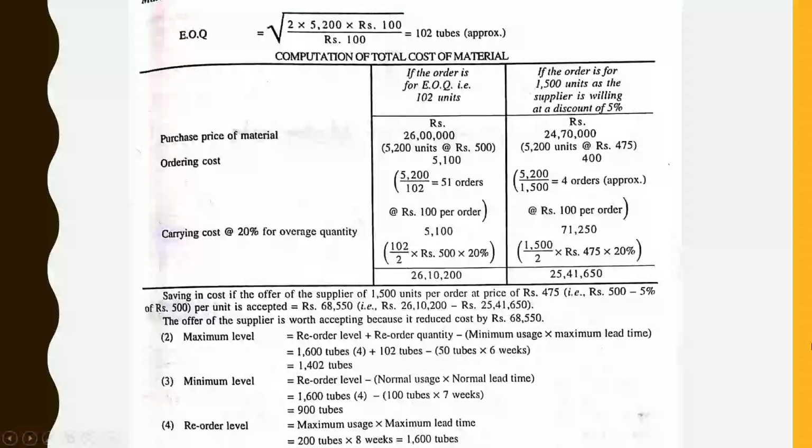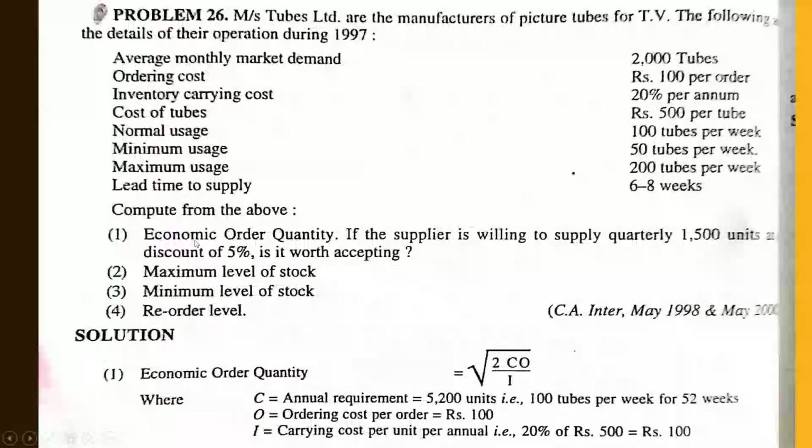It should be accepted. Now you see, economic order quantity, if the supplier is willing to this discounting of 5%, is it accepting? So total cost is lower, so that means we have to accept.